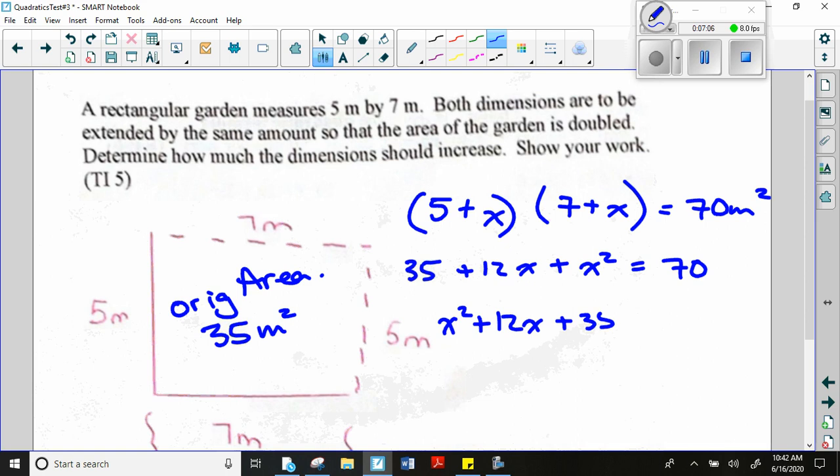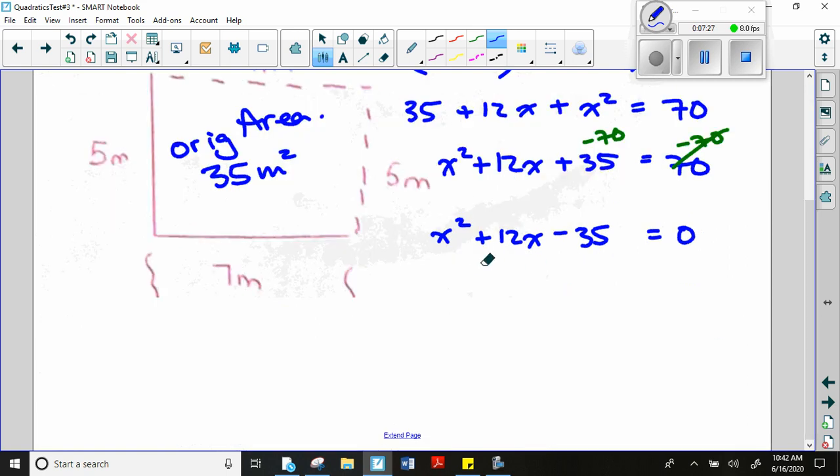So then I'm going to rearrange this because I don't like it in that order, it makes my brain hurt. Now we're going to set one side to 0. Subtract 70 from both sides. So we get x squared plus 12x minus 35. That's interesting.